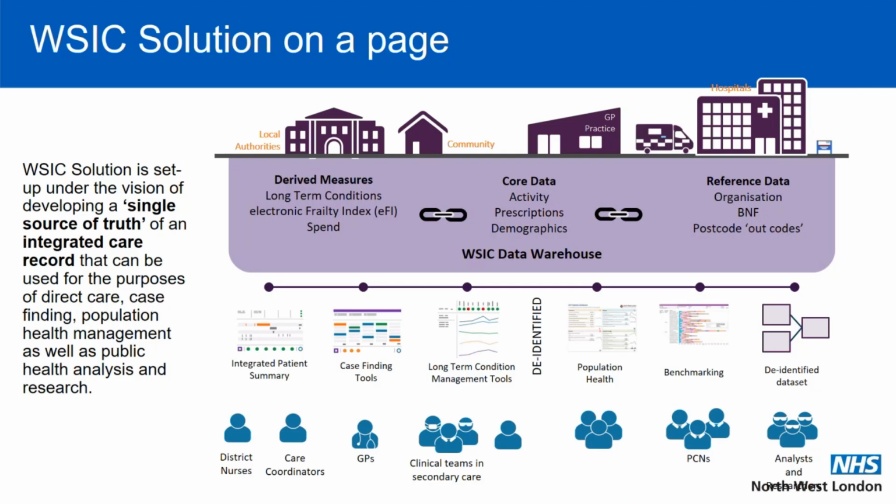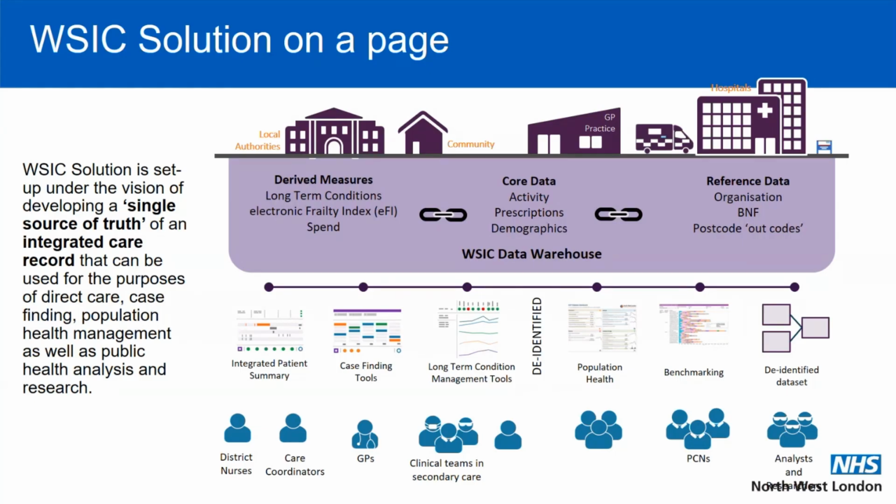So all that data and all that information is then available in two ways. So it's available on the identifiable and also on the de-identified. On the identifiable side, we present the identified data back in dashboards. We have integrated patient summary, so like individual patient pages that will give an overview of that patient and show particular health and social care metrics about that patient, just one at a time.